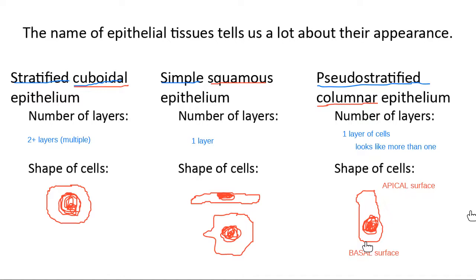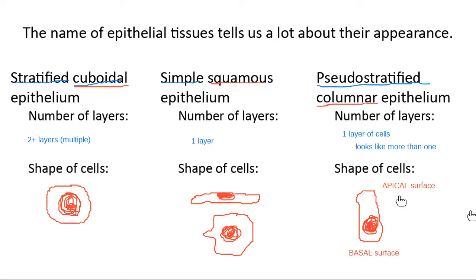Yeah, a couple of us have chimed in. We always look at the apical surface, or the top part of the tissue. It doesn't matter what's going on with the shape of all the cells that are down lower in the basal area of the tissue. So I'll point that out when we're looking at our stratified tissues today. You're always going to look toward the apical surface.